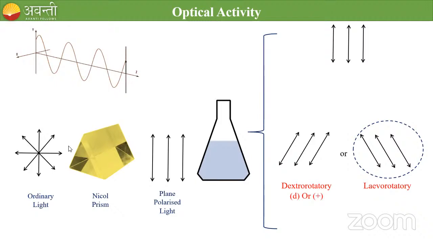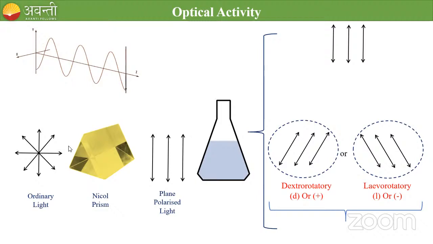This is the other case. If the compound that you have taken in the container is optically active, then you will observe the second condition. It means that there are two isomers, two compounds in the conical flask.